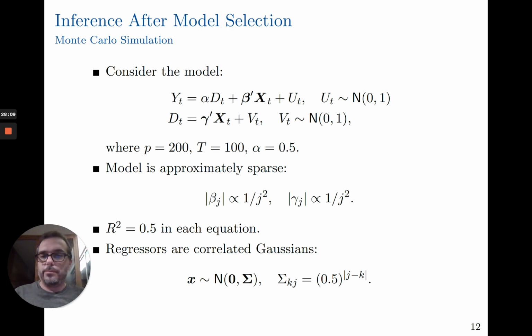So beta j is of the order 1 over j squared, where j is just the index of the variable, and gamma j is also of the order 1 over j squared. And they calibrate the model so that the R square in the regressions is 0.5. And all the regressors are correlated Gaussians.